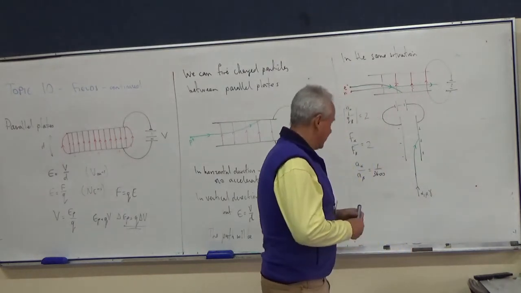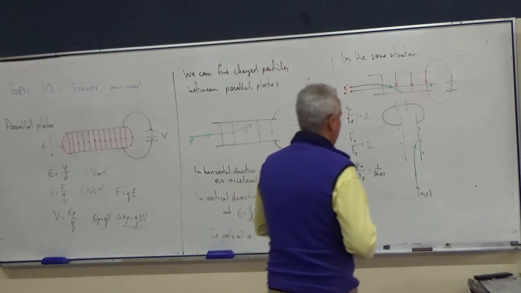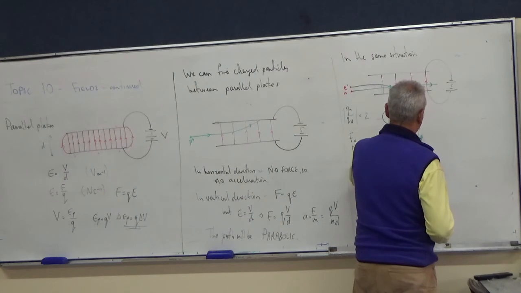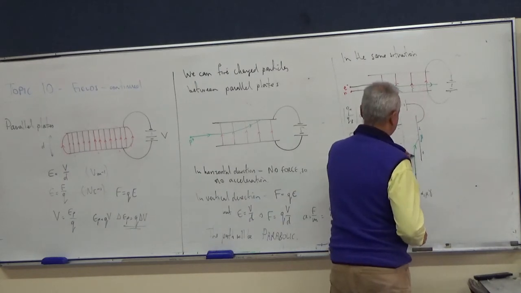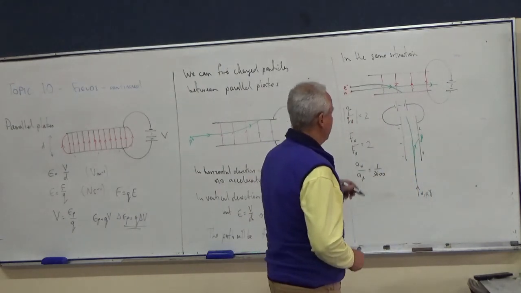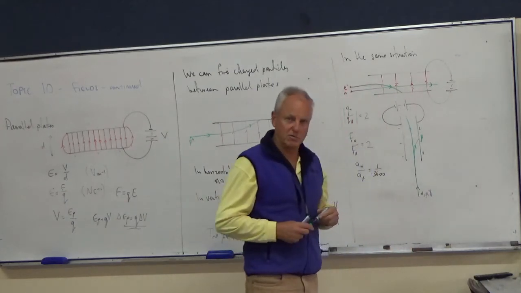So what's going to happen is that the alpha is not going to be deflected much at all. So here's the beta coming out here. Alpha hardly deflected, and I wanted this like that, so it's deflected a bit. Alright? What happens once it leaves the field?